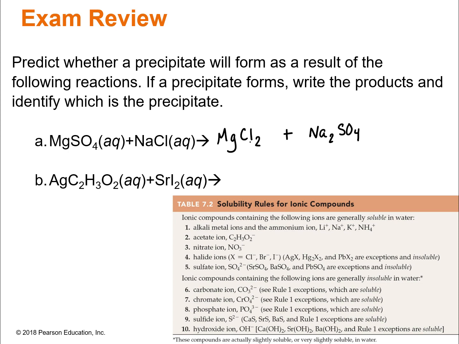So Cl, that's a halide, and they are generally soluble. But let me make sure that I don't have an exception. So the exceptions are silver, mercury 1, and lead 2. Those are insoluble. Well, I've got magnesium chloride, so that should be aqueous. That's soluble.